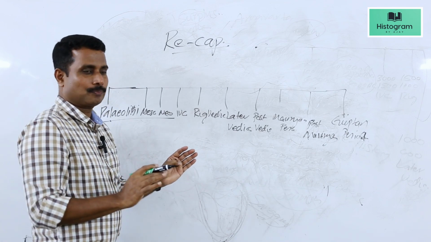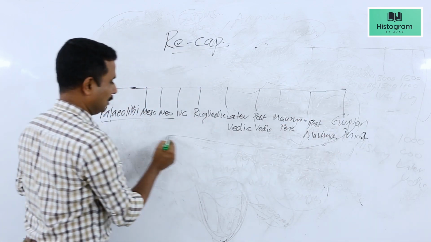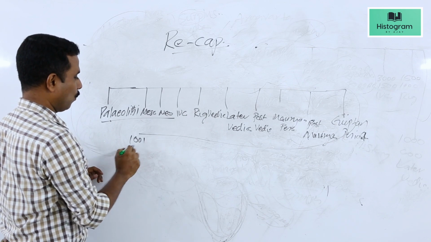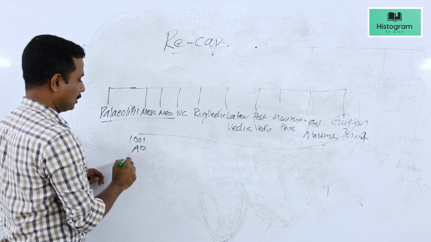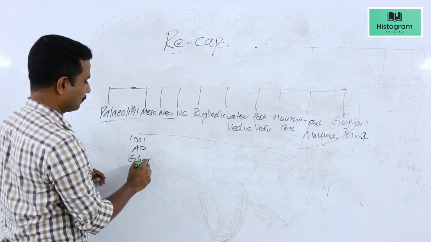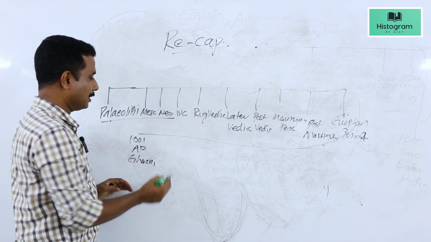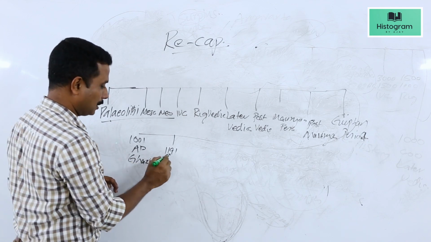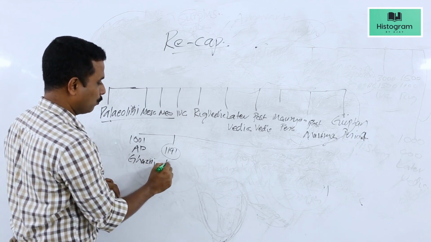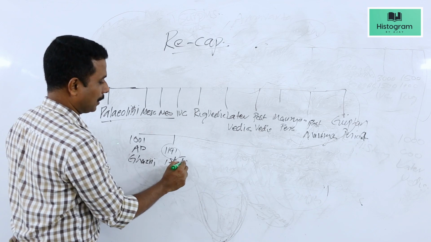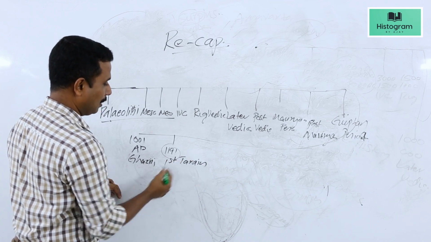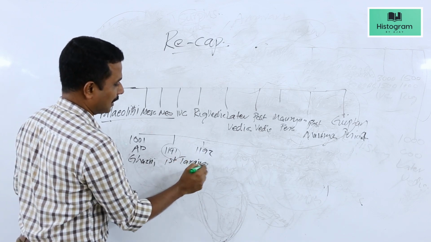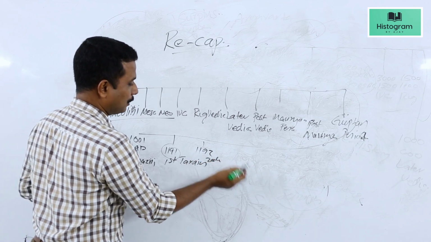When we continue this discussion, in 1001 AD Mahmud of Ghazni started his raids into India, and 1191 was the year in which the First Battle of Tarain took place, and 1192 the Second Battle of Tarain.